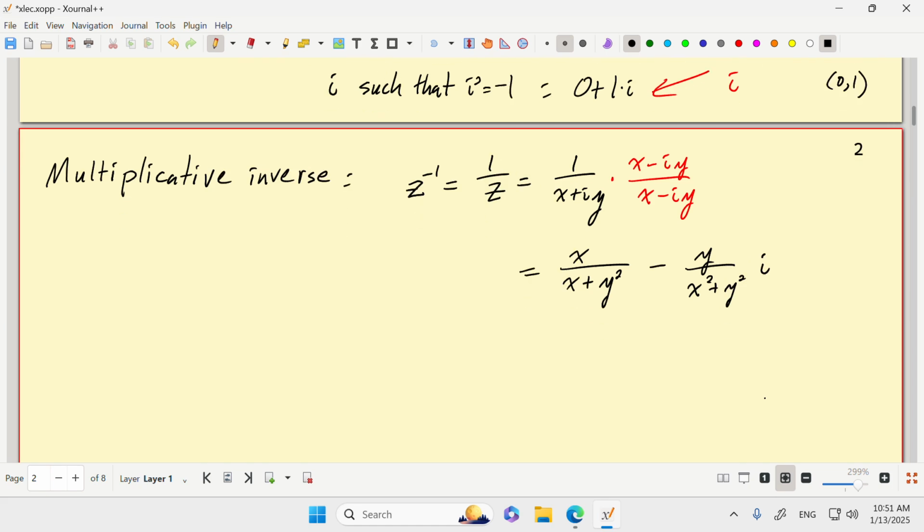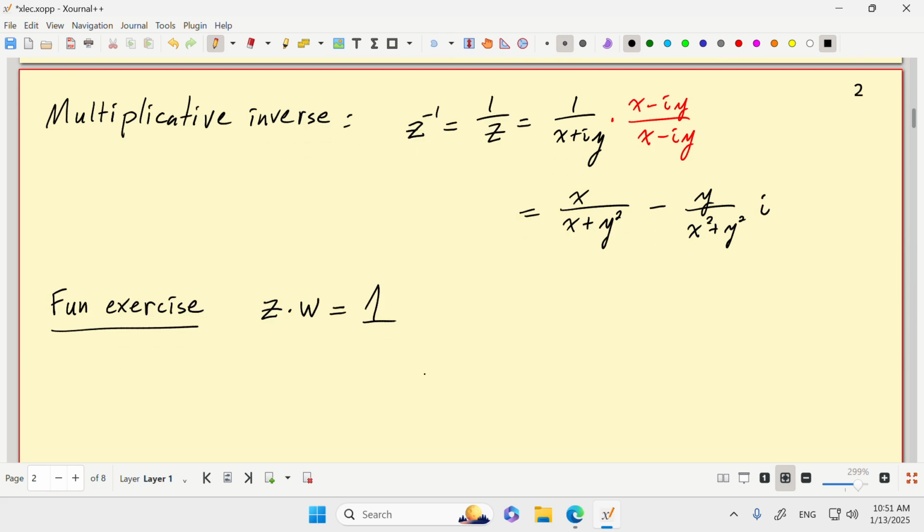If I was going to kill time here, maybe I would have done this the first time I introduced complex numbers in a high school. A fun exercise: if you think about multiplying two complex numbers together and getting 1, then you can write out x plus iy. Let's say w is equal to u plus iv.